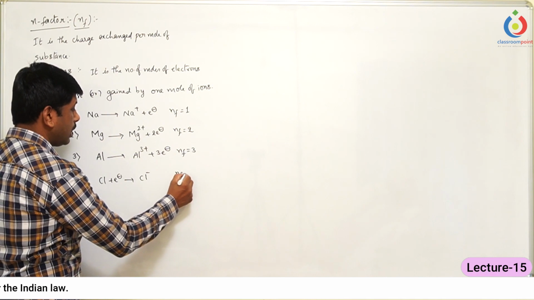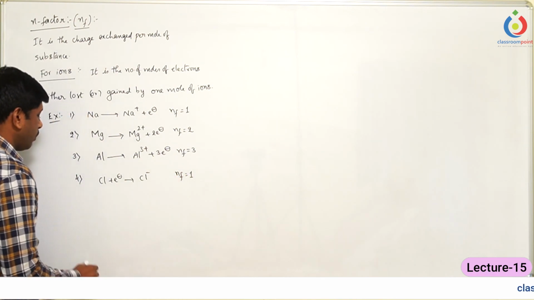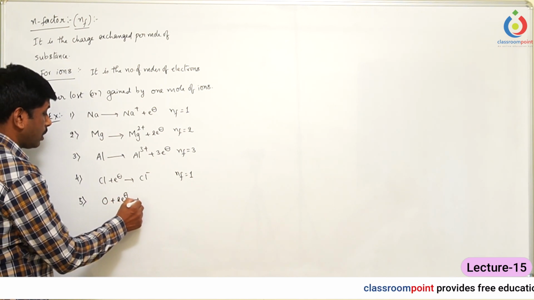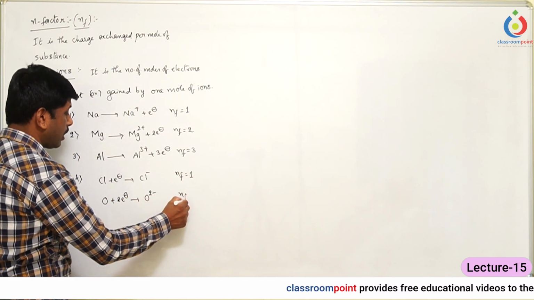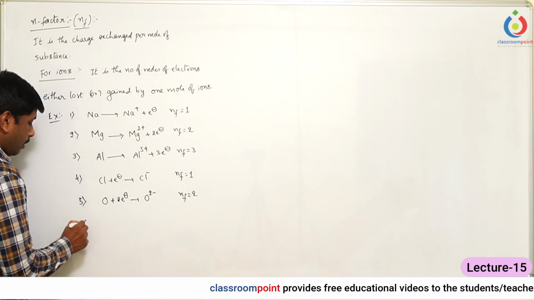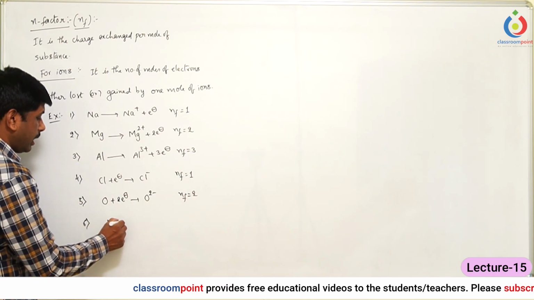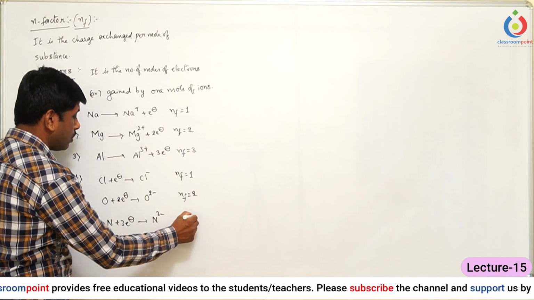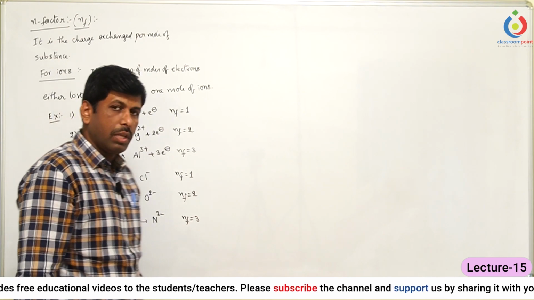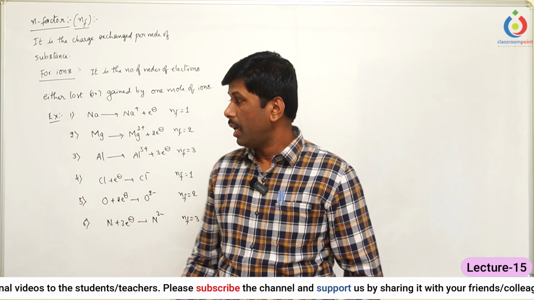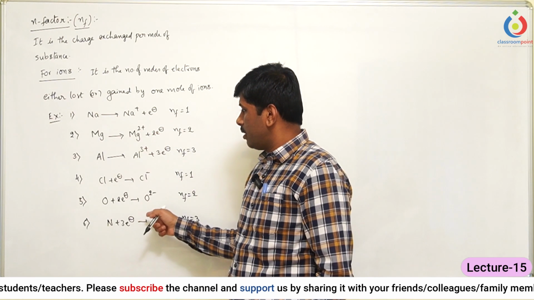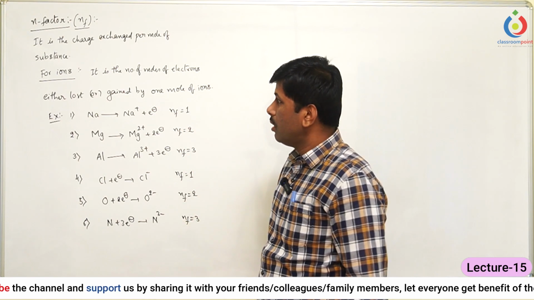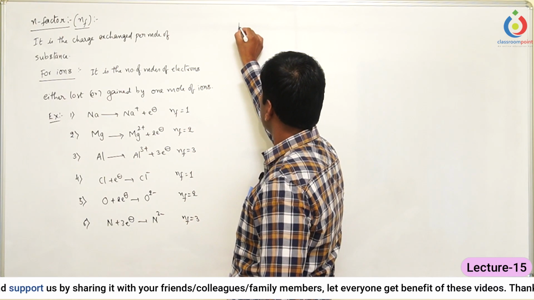In this case, it gained only 1 mole of electrons, so the N factor is equal to 1. Oxygen, if it gains 2 electrons to convert into the oxide ion, the N factor is equal to 2. And nitrogen, by gaining 3 electrons to form the nitride ion, the N factor is equal to 3. Whatever the number of moles of electrons either lost or gained by 1 mole of atoms is called its N factor.